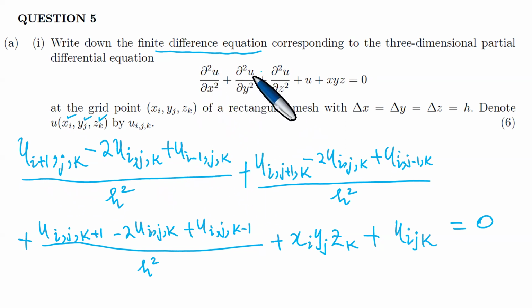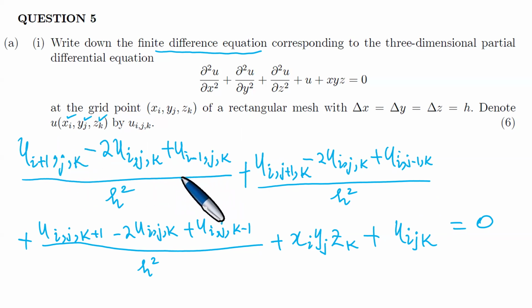But now you also have d squared u dy squared. Obviously, this is partial differentiation, and therefore it is going to affect the middle component, the y component, so you're going to have a plus 1 there, while the other components remain the same: u ijk minus 2 of that, and the last one is going to be affected as well, in the same way that the third term has i minus 1 in the first component.